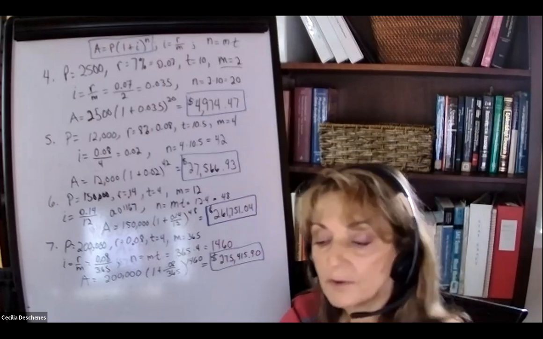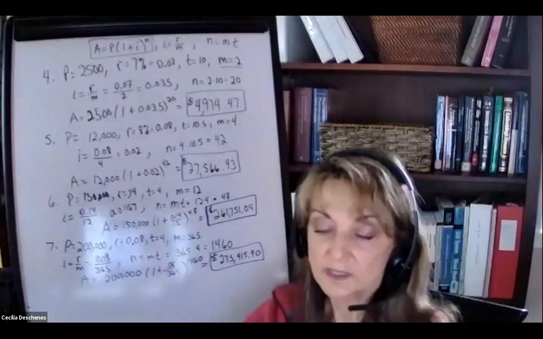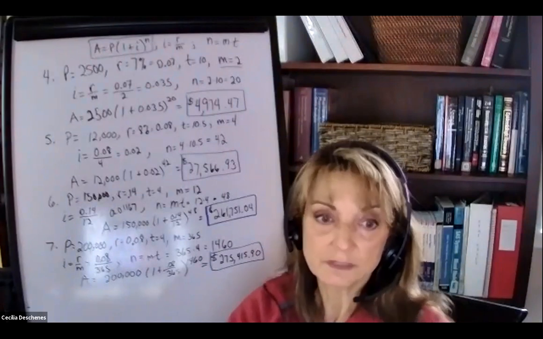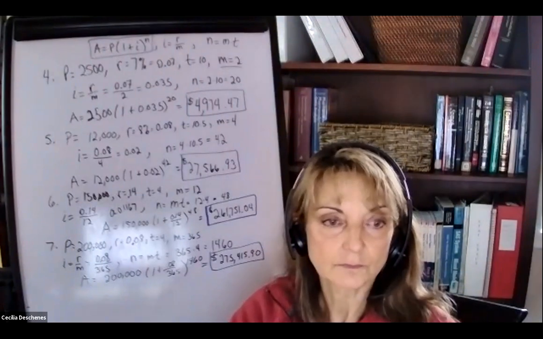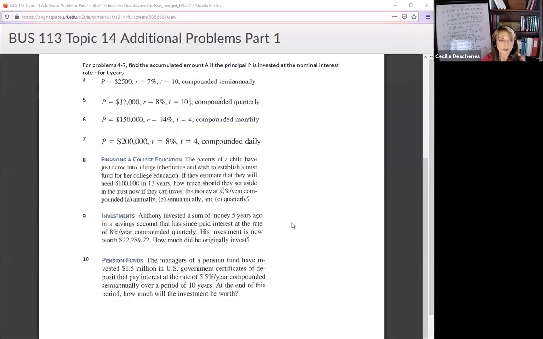So now let's go ahead and do the rest of the problems. Now we're going to move more into the word problems themselves. Okay. So we have question number 8, financing a college education. The parents of a child have come into a large inheritance and they wish to establish a trust fund for her college education.